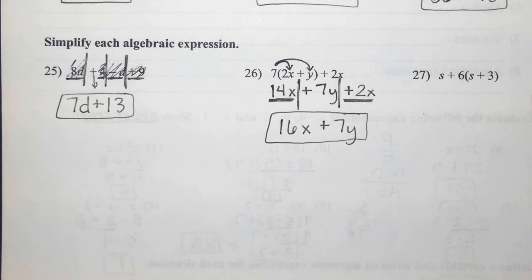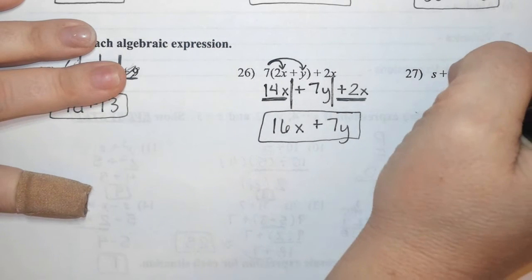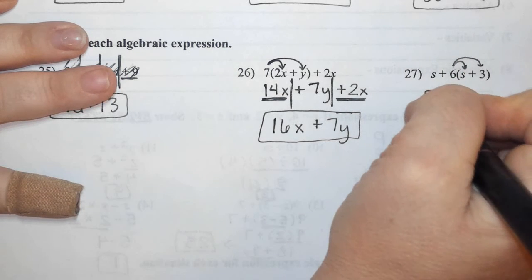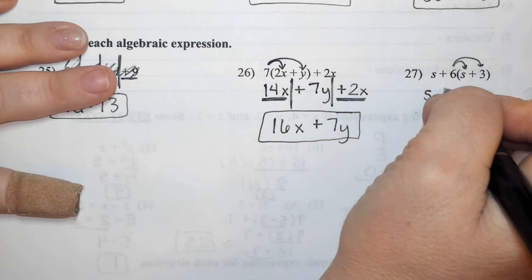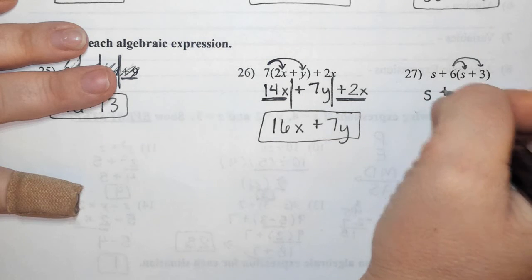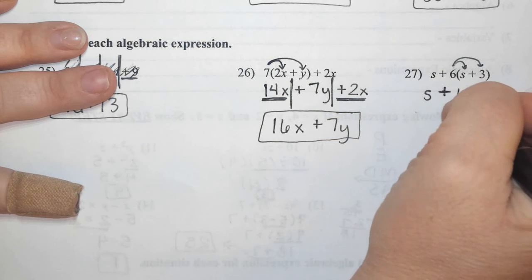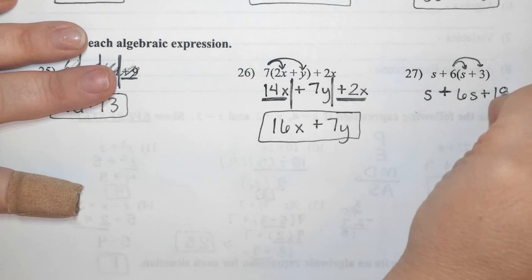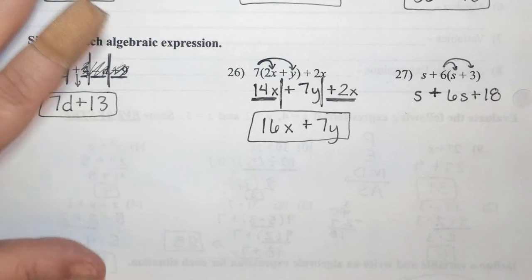All right. On number 27, Jalea, what should I do first? Pass out the 6. Can you tell me my new problem? What'd you get? S plus 6s plus 18. Perfect. All right, so again, I'm going to draw my lines now.